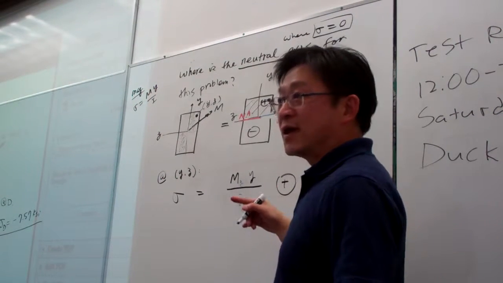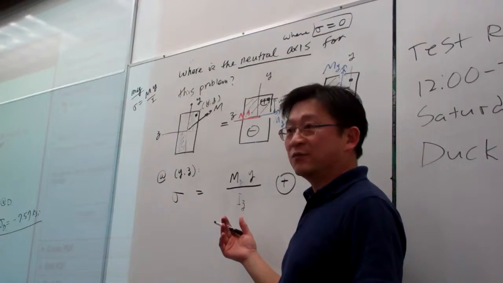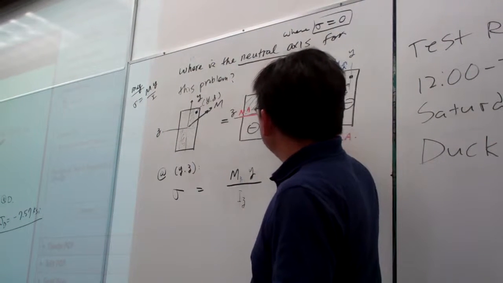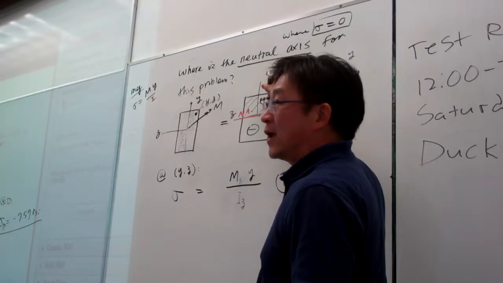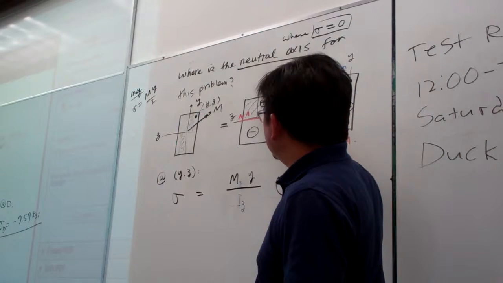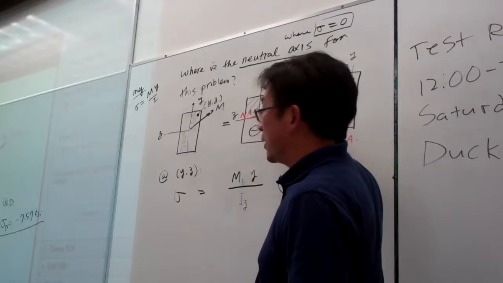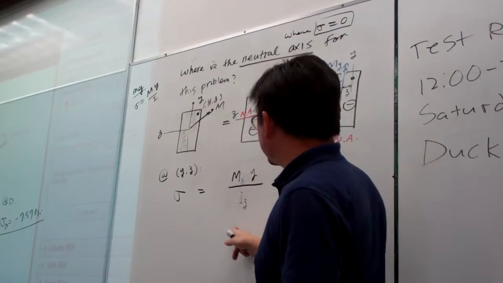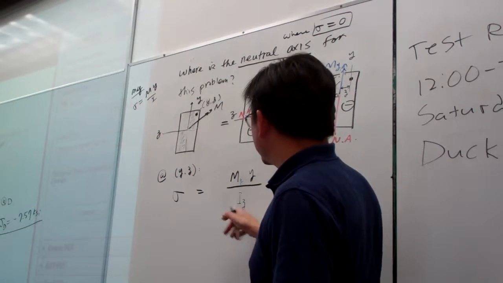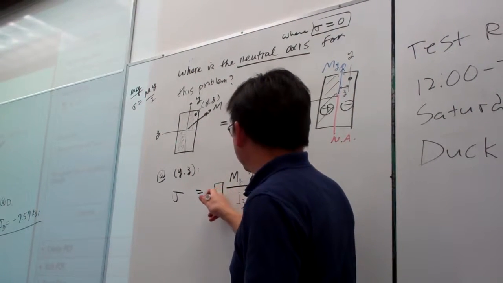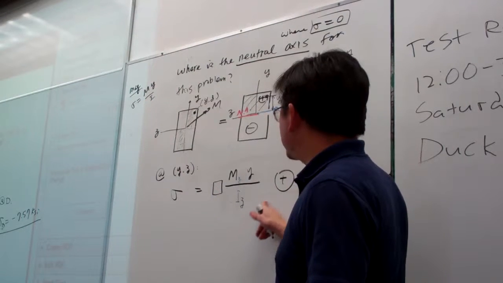And now I'm going to assign whether it's compression or tension. Now this point is here, and this point is in the tension range. So by assigning a sign here, I'm going to fill it up so that the whole thing must be in tension.